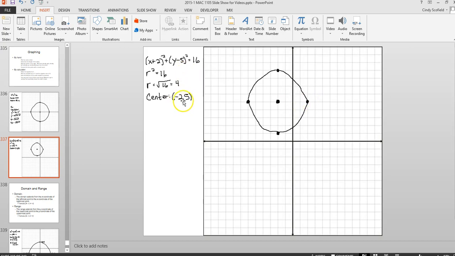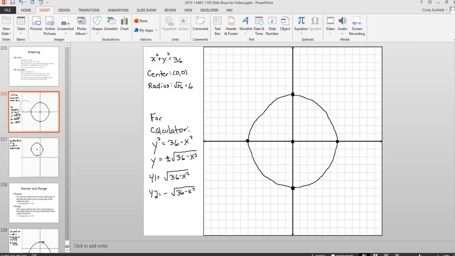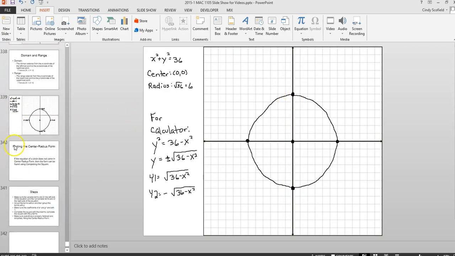Your range is going to go 5 minus 4, which is 1, to 5 plus 4, which is 9. Well, these 2 coordinates, their y values, give you the range. You can do that with this one too. 0 minus 6, you get -6 to +6 for your domain. You get -6 to +6 for your range. So all that lets you play with domain and range.